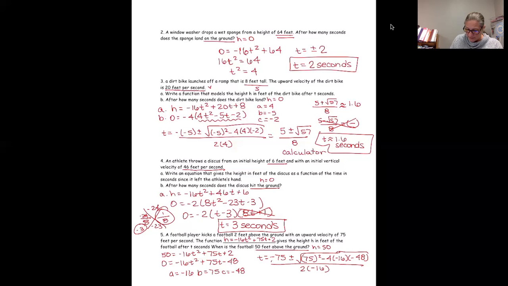The negatives here and here are going to cancel out because 2 negatives make a positive. So you will actually use both values here, and you will get t is approximately 0.8 or 3.9 seconds. And I will encourage you to use your calculator and make sure that those values check out just to ensure that you are typing them in correctly.